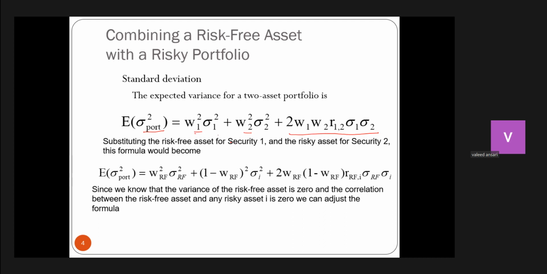Now if we substitute risk-free for security one and risky asset for security two, since the risk-free asset's variability is zero, that term will go. The term for the risky asset will stay. Therefore, the risk of security 2 will stay.